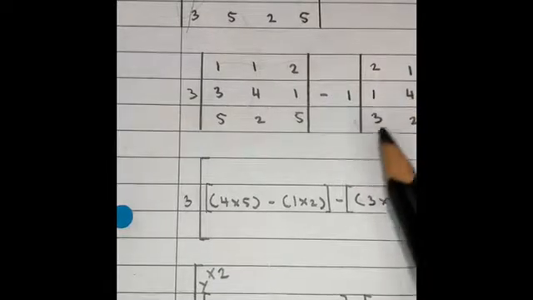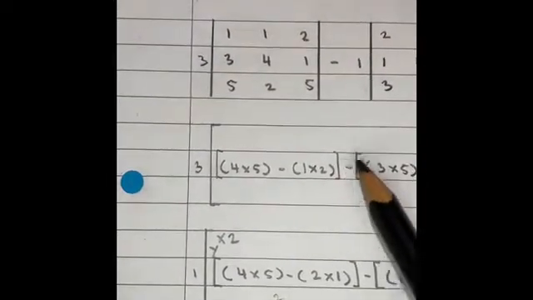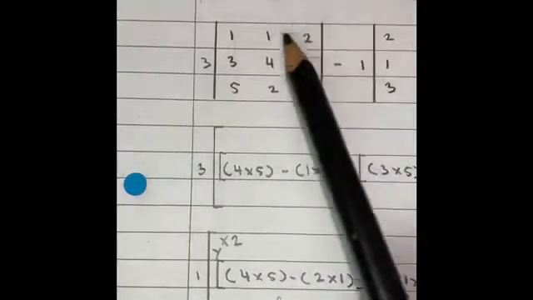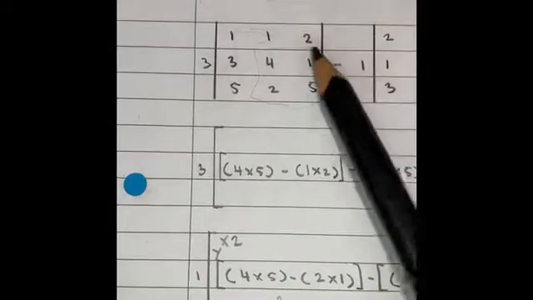So after we have done that, the 3 by 3 matrix still cannot be calculated. So what we have to do in order to find the determinant is to further simplify this 3 by 3 matrix into a simpler 2 by 2 matrix using the same concept as above by selecting a row and a column.